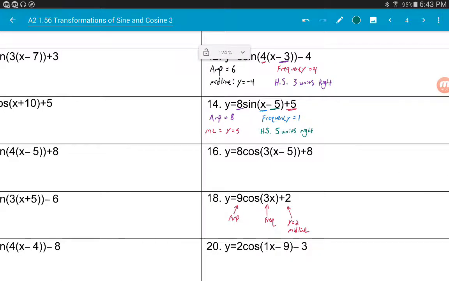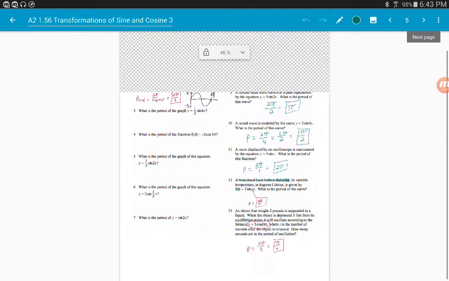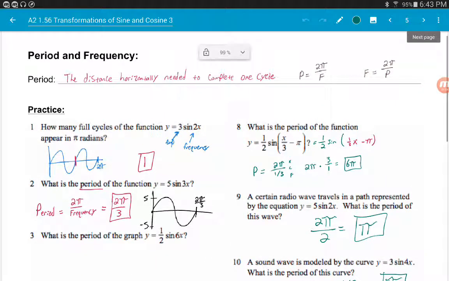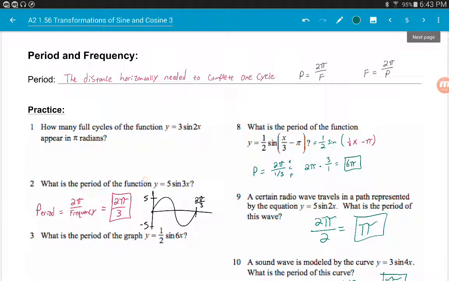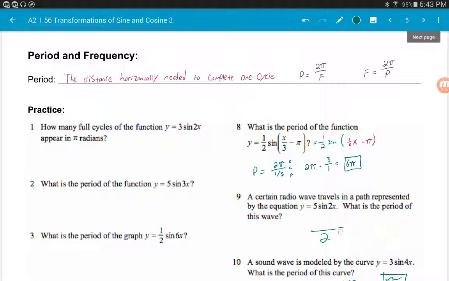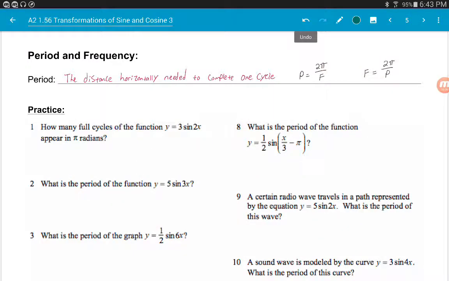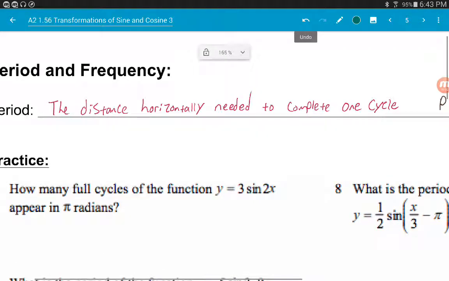Now let's flip to the back, because on the back, we start talking about period. Period is a new attribute, as of lesson 56, that functions have, and is related to frequency. So period is the distance horizontally needed to complete one cycle of a function.